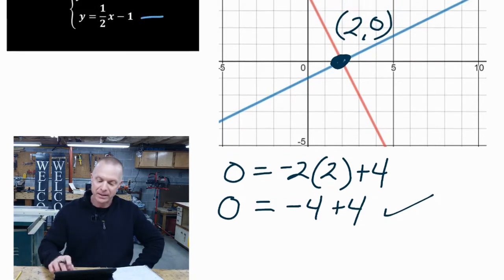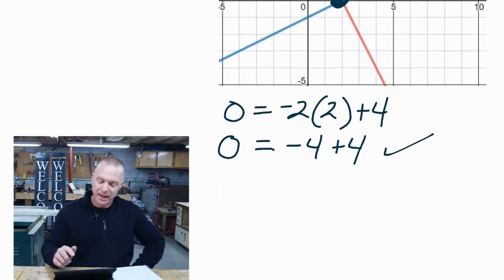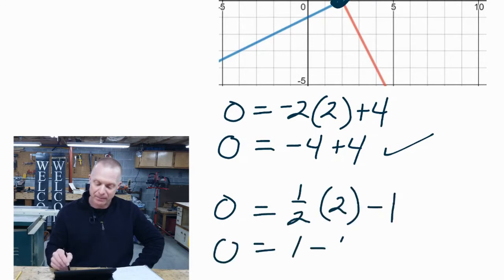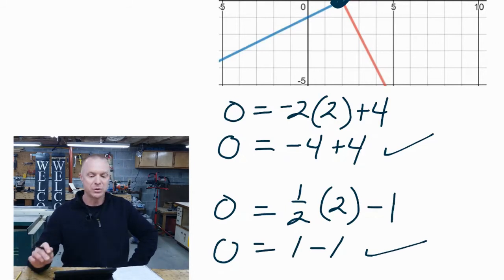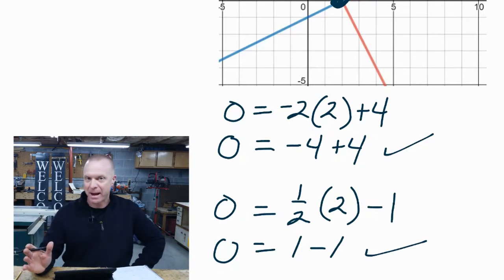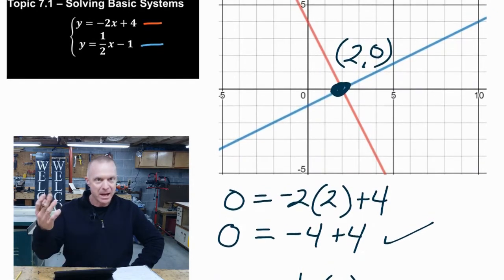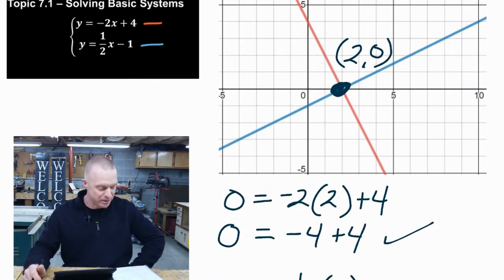And if I plug into the second equation, again, if I plug a 0 in for y and a 2 in for x, I find out that we get the same outcome. We get a nice true working solution. And remember, that's always the case. Even if we don't go back and plug them in, a point that is a solution has to work in both equations.